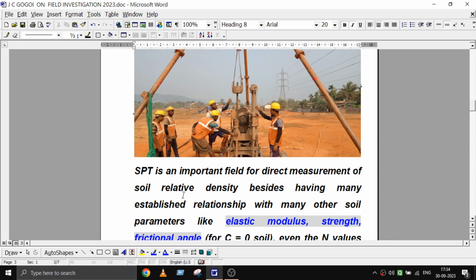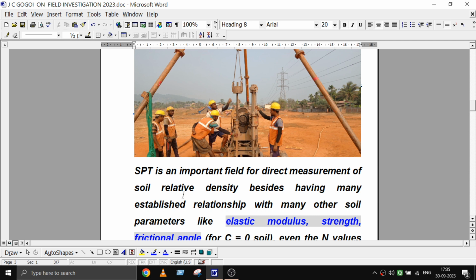I do not find it reliable, because after penetrating some depth, the refusal value is obtained. So I do not prefer to depend on the dynamic cone penetration test and static cone penetration test. I do not have so much faith.